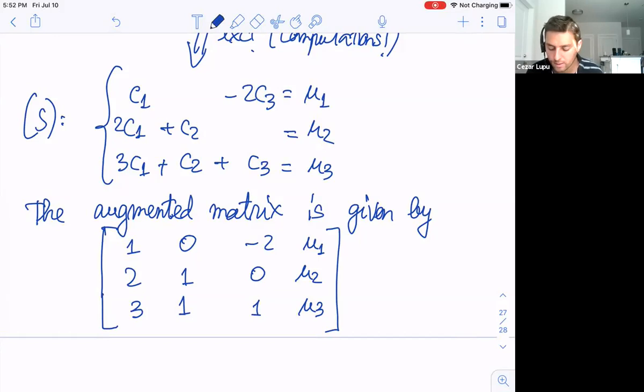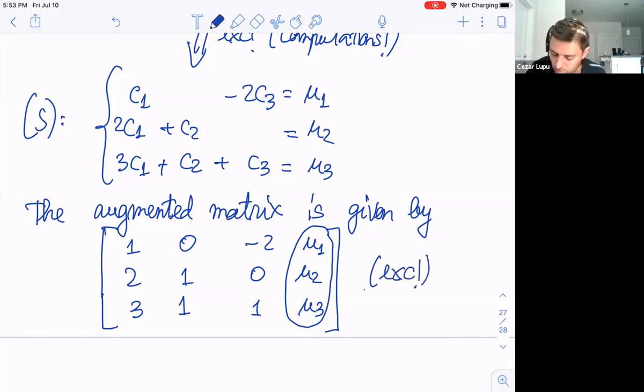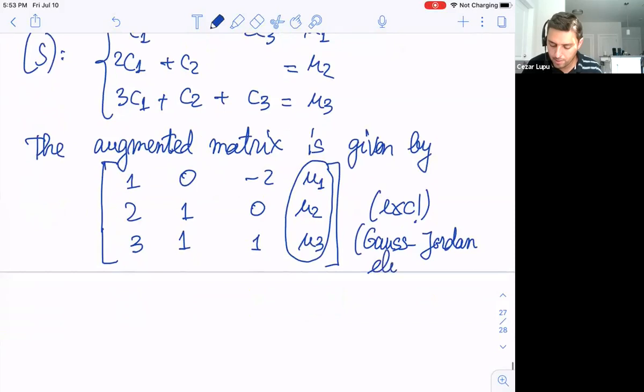Which one do you multiply? Anyway, maybe this guy will bother you, but not so much. You can just perform elementary transformations like in the previous case, and I'll leave it to you as an exercise so that I wouldn't lose too much time. So just do the same thing, Gauss-Jordan elimination.